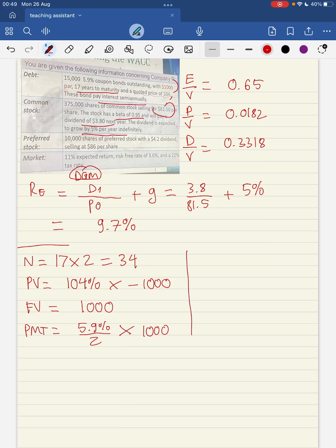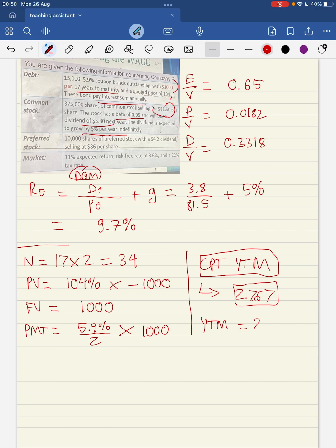And we need to compute the YTM. When we press compute, the calculator will give us the answer of 2.767. However, this is still not the final answer. Since this bond pays interest semi-annually, our annual YTM will be equal to 2.767 times 2, and this will be equal to 5.54%. And 5.54% is our cost of debt before tax.